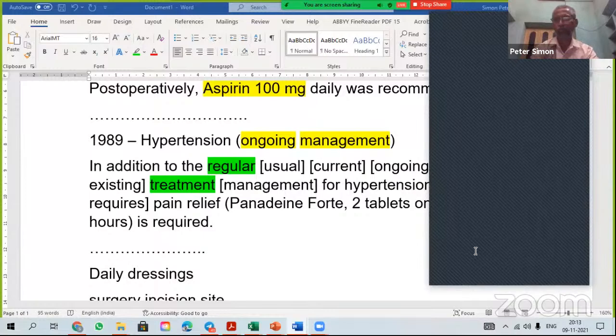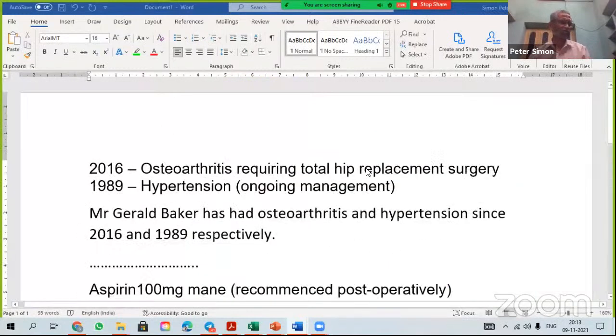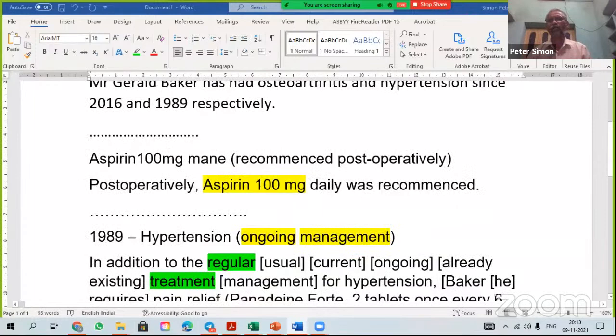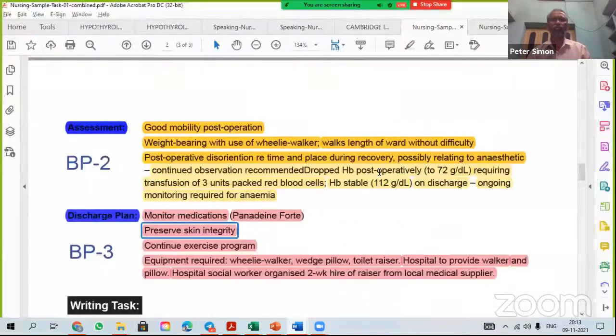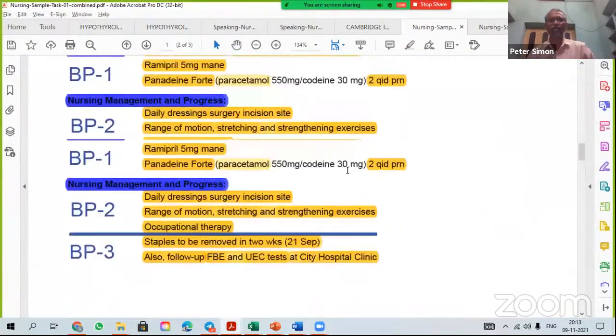So thanks for making this session a success. You can write this letter, or you can write any letter like that. You can write this letter only, no problem. You can write this letter, Gerald Baker. I'll send you the case notes, Gerald Baker. The same thing I'll send you.